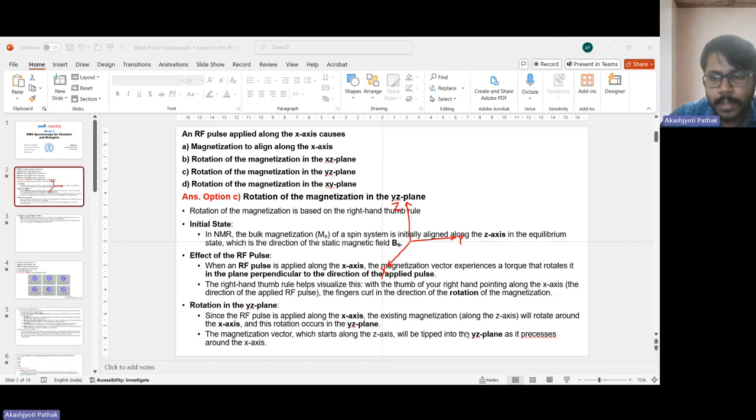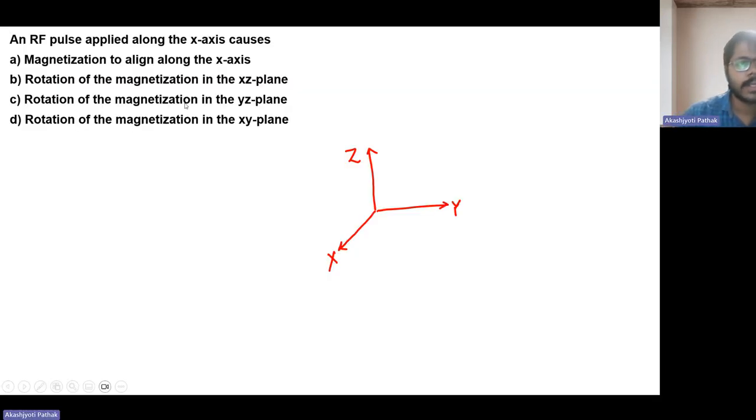So let's get it right. The RF pulse is applied.